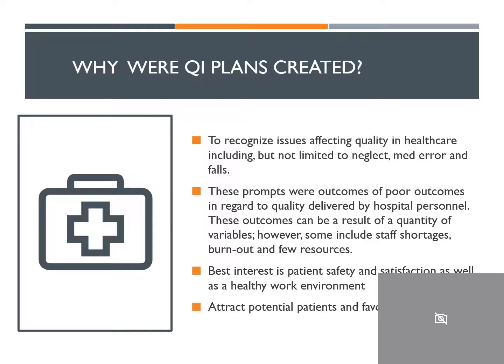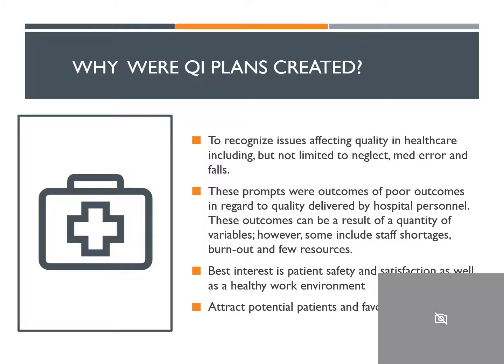Why were quality improvement plans created? Well, quality improvement plans were created to recognize issues affecting quality in healthcare. Issues such as neglect, med errors, and falls. These prompted poor outcomes in regard to quality delivered by hospital personnel. These outcomes were a direct result of a number of variables, such as staff shortages, burnout, and few resources.